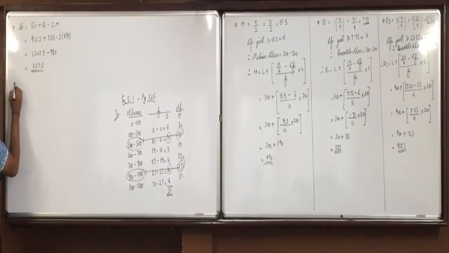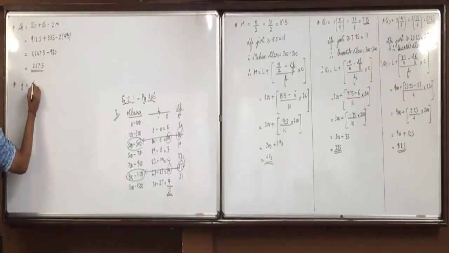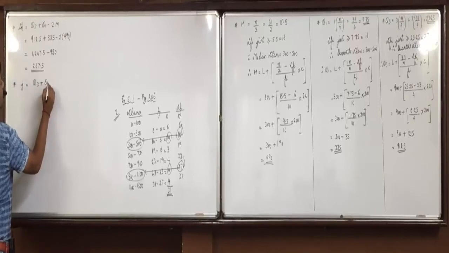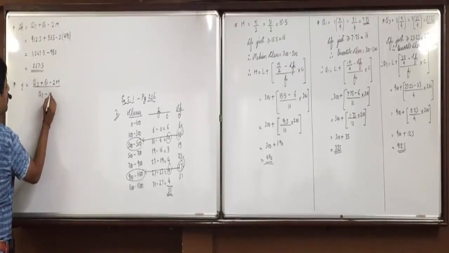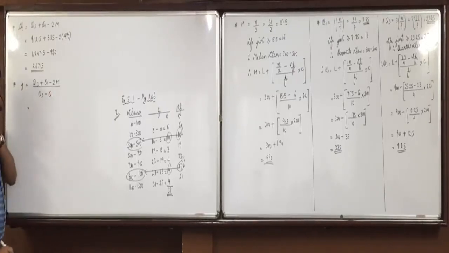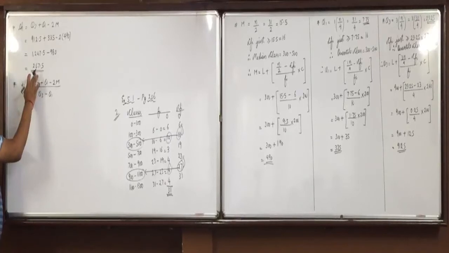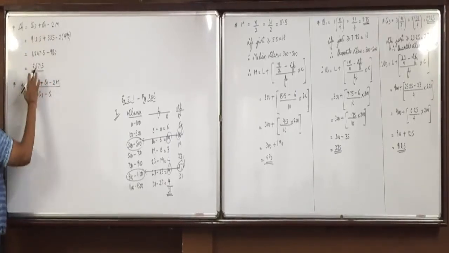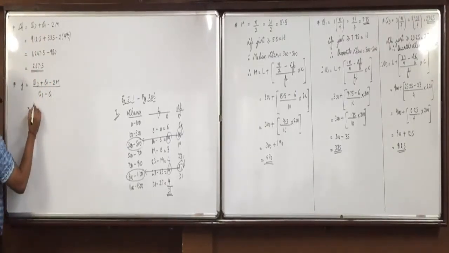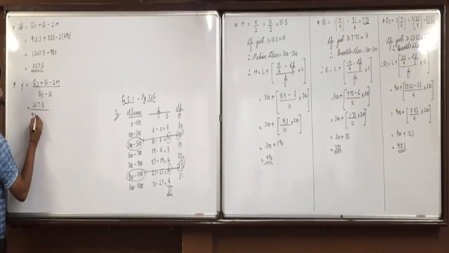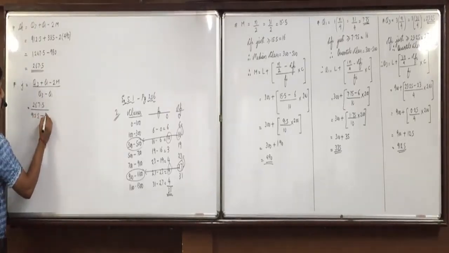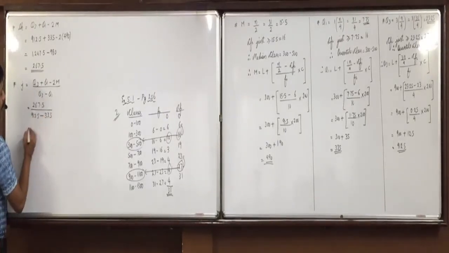And then the formula of the coefficient of skewness, that is Q3 plus Q1 minus 2M upon Q3 minus Q1. Now what can we write in numerator directly? 267.5, because Q3 plus Q1 minus 2M is already obtained. So straight away that 267.5 and denominator Q3 912.5 minus Q1 335.